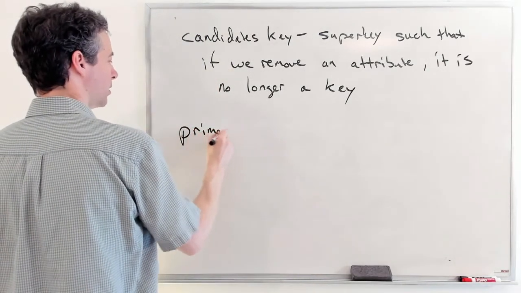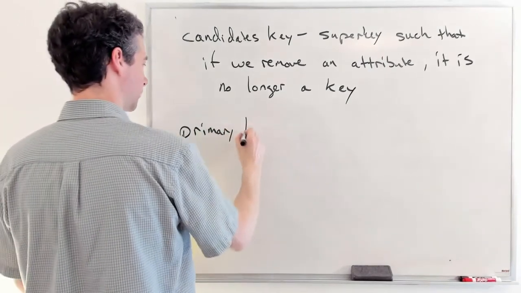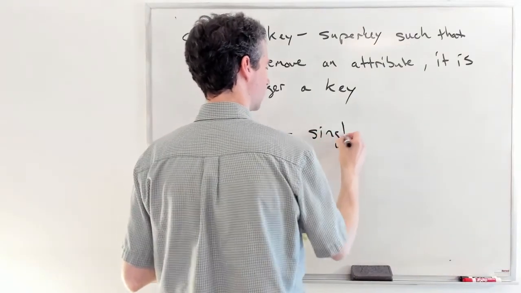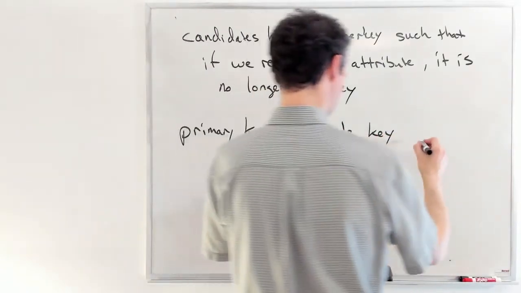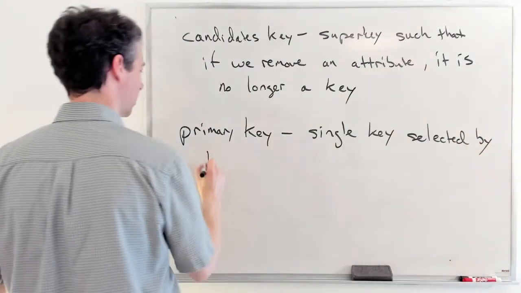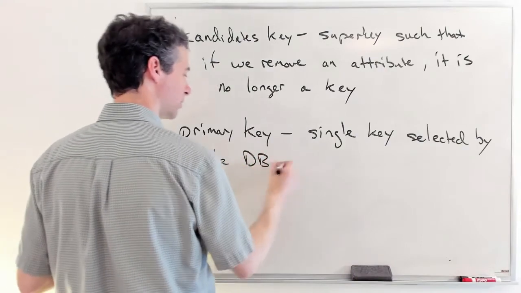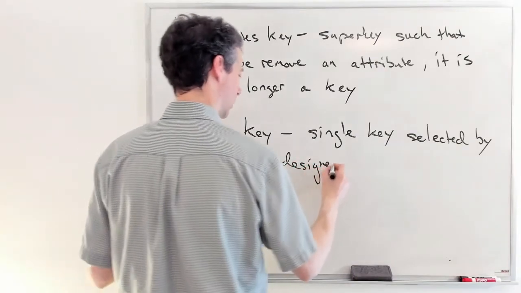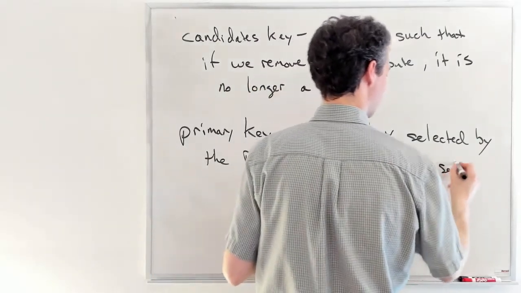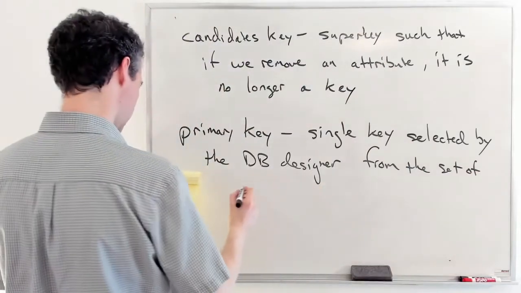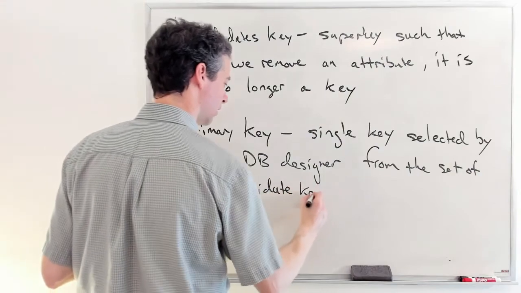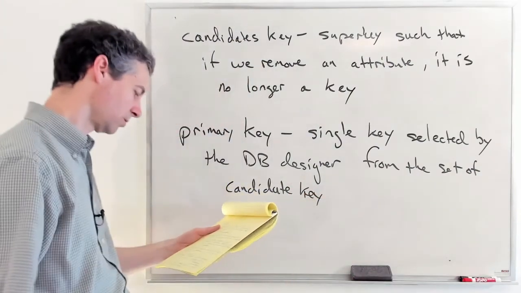Then we have this idea of a primary key. Now, a primary key is a single key that is selected by the database designer, that's you, by the way, from a set of candidate keys. And again, these are all the possible minimal keys that we could use.